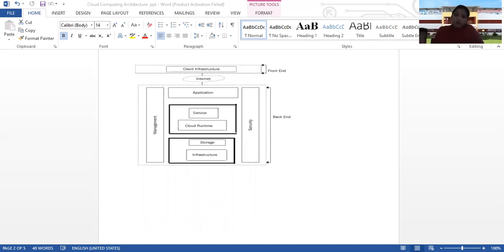So, how does a cloud ecosystem work? A public cloud provider includes a cloud environment. It may be an IaaS provider like Amazon Web Services, or a SaaS vendor like Salesforce.